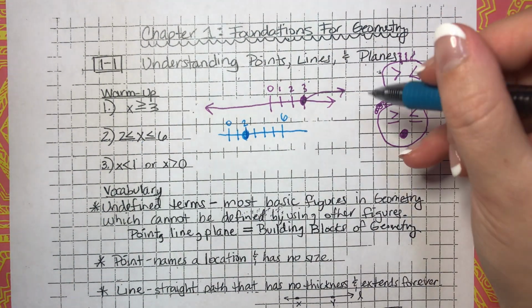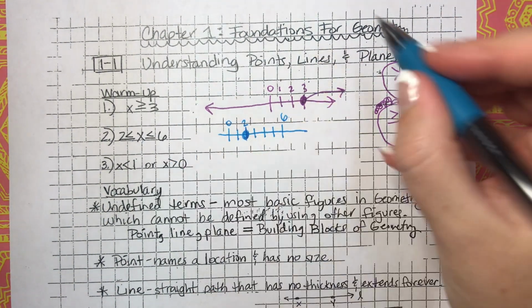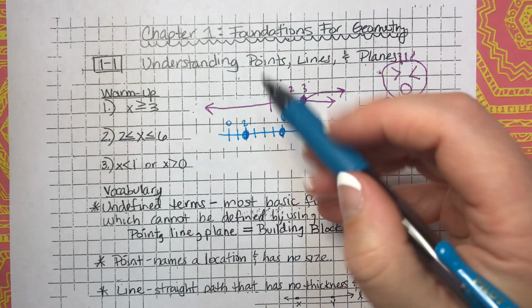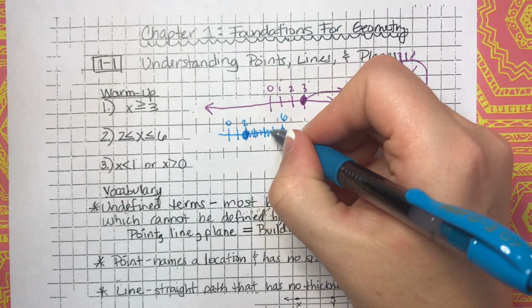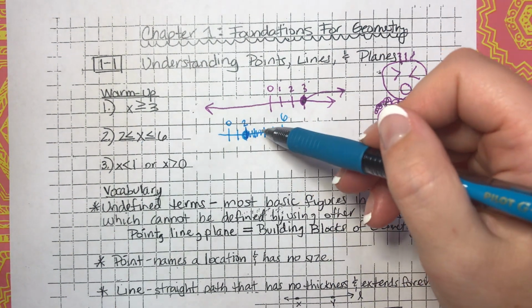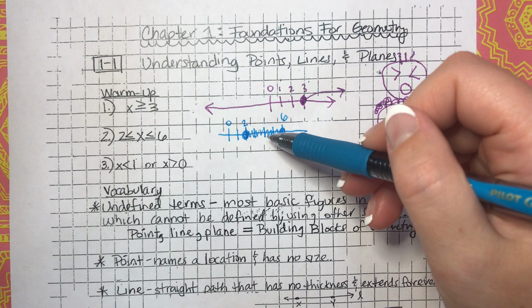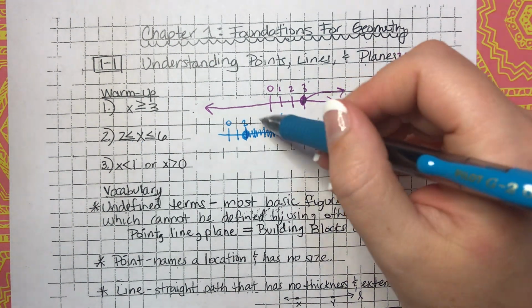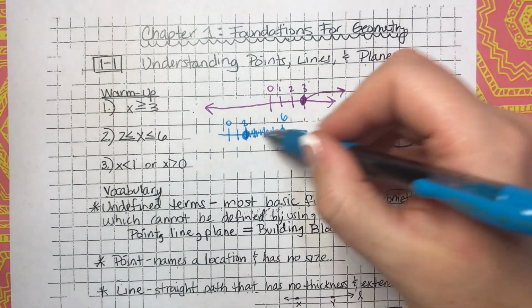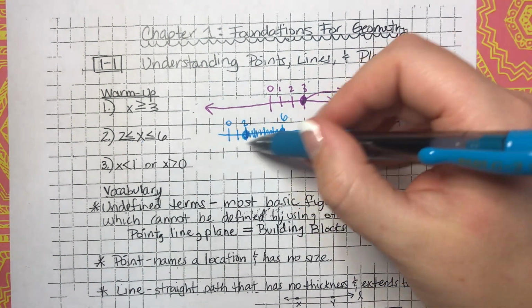And then x is less than or equal to 6, and that's also a closed circle. And then x are all the numbers in between. So x is 2, 2.2, 2.3, 2.4, 2.7896, 3, 4, 5, 6. Every little number that can be in there. There's an infinite amount of numbers in there, right? And that's what x is.